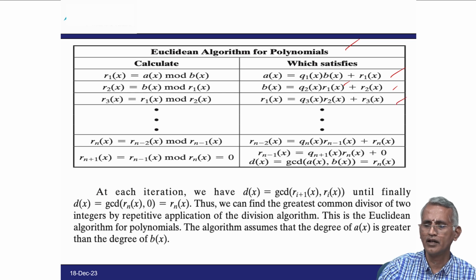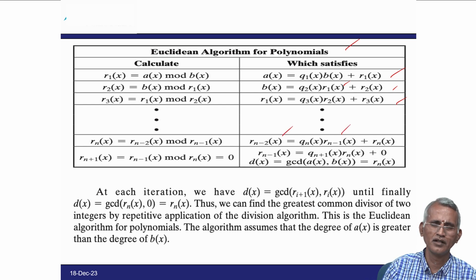Proceeding in this way, we have the sequence: R suffix n minus 2 of x divided by R suffix n minus 1. Therefore, we have R suffix n minus 2 equals quotient into R suffix n minus 1 plus R1 of x. So, obviously, R suffix n minus 2 of x is identically equal to R1 of x under modulo R suffix n minus 1 of x.